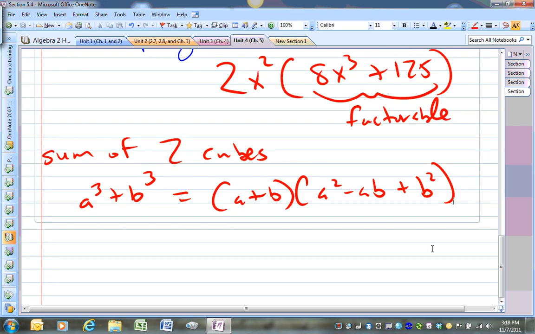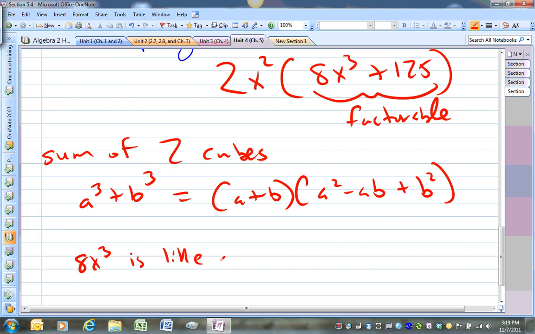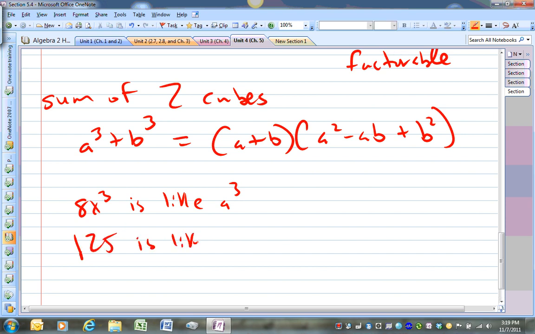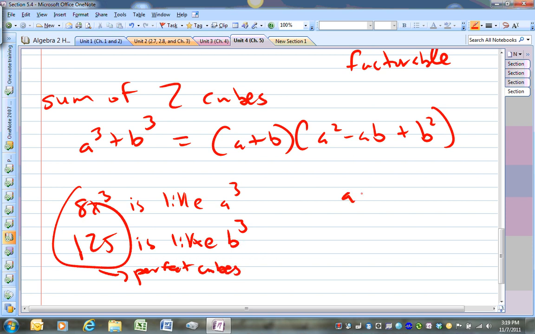So notice how 8x cubed is like a cubed, and 125 is like b cubed. These are perfect cubes. So that means that a is going to equal 2x, and b is going to equal 5. We get this from cube rooting.